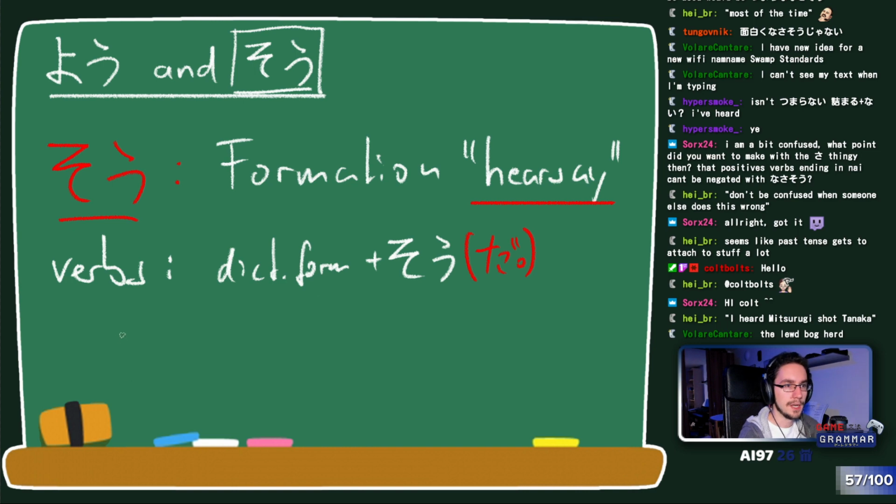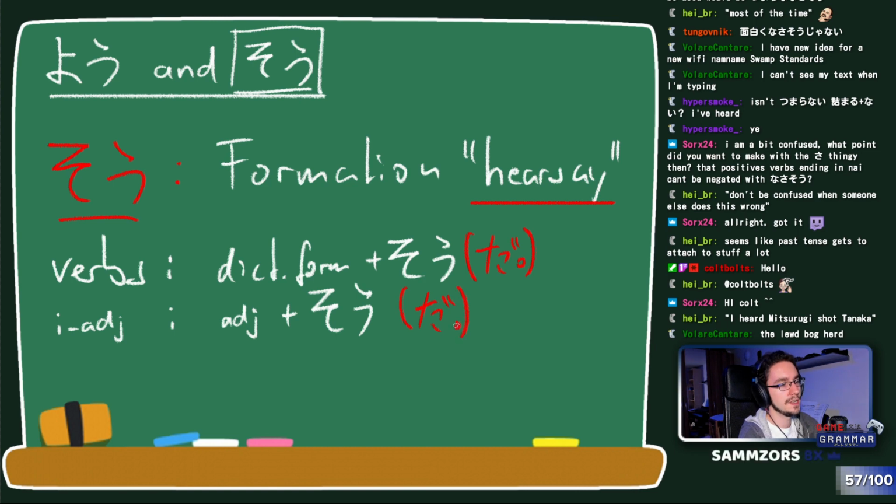Then we have i-adjectives, okay? The rule here persists. It's just the adjective plus sou, okay? No change. So this is kind of the pattern here, that for hearsay, we generally do not conjugate anything.